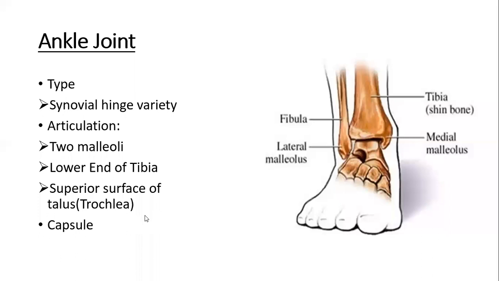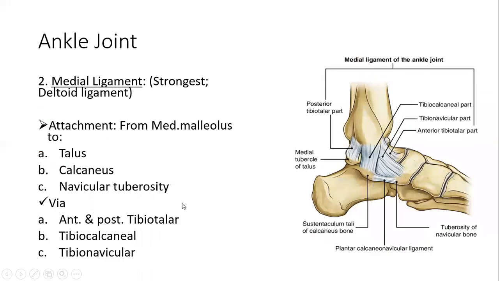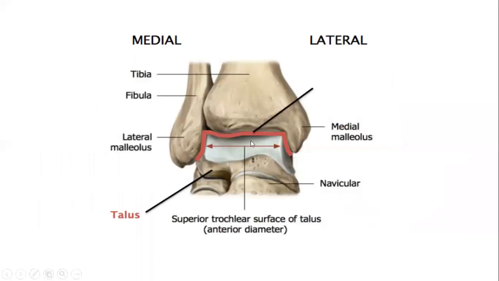So next we have the capsule. Before I move on to the capsule, let me explain a term here, which is called the malleolar mortise. So what is malleolar mortise?